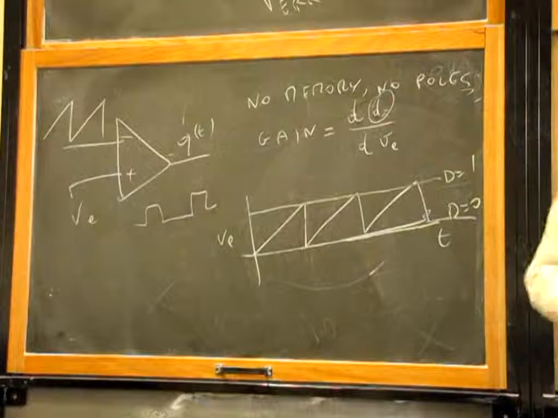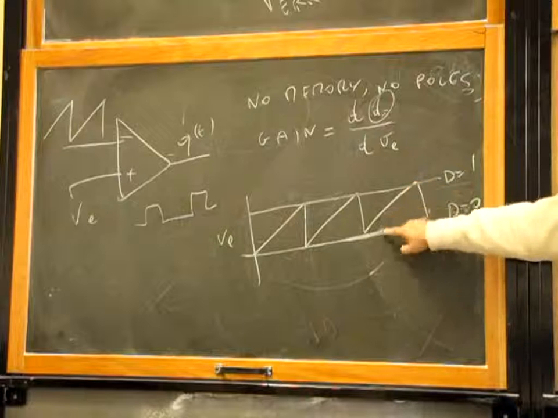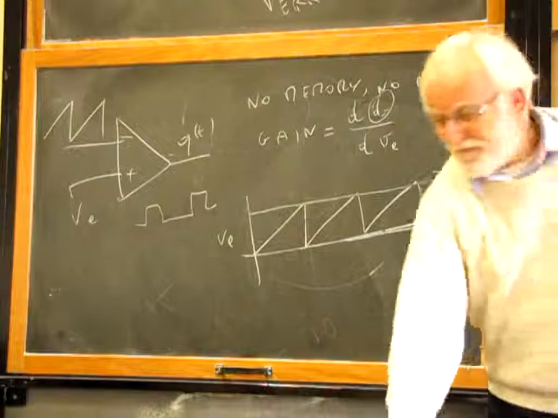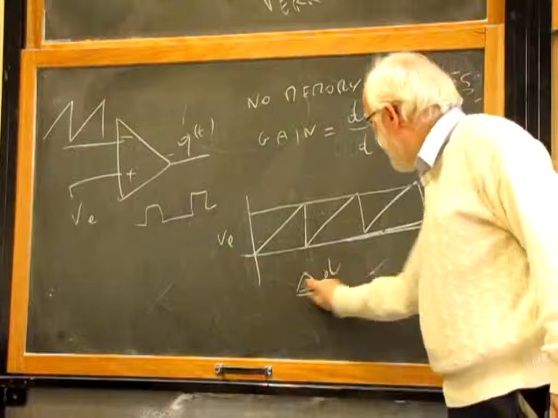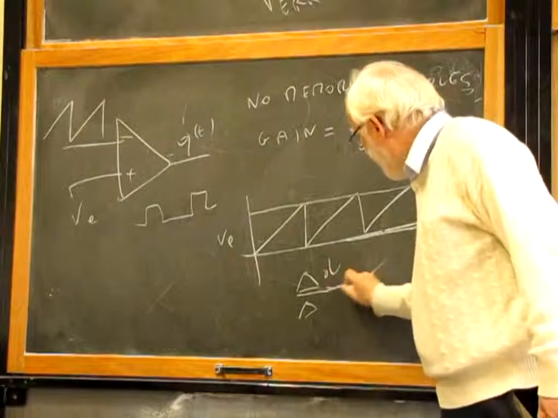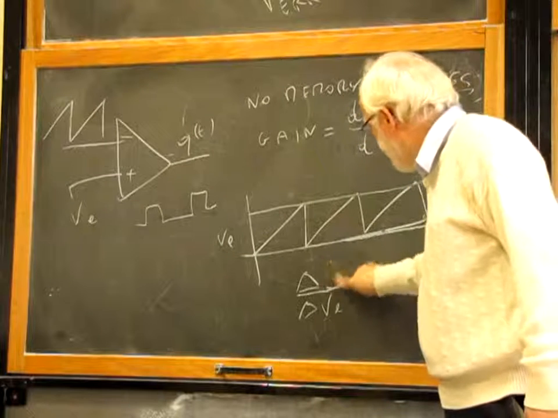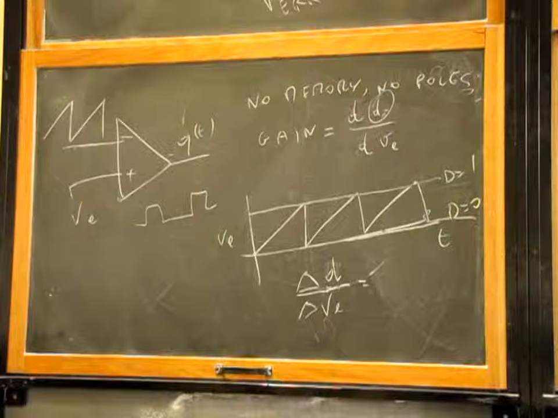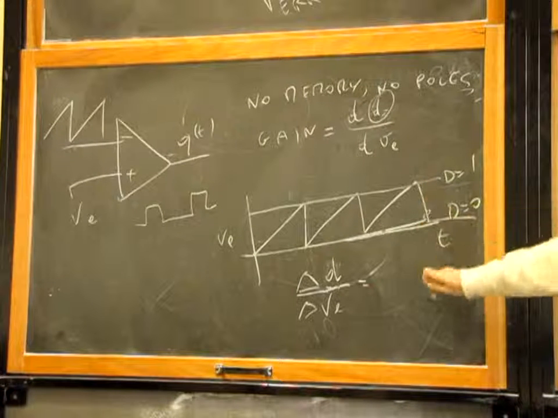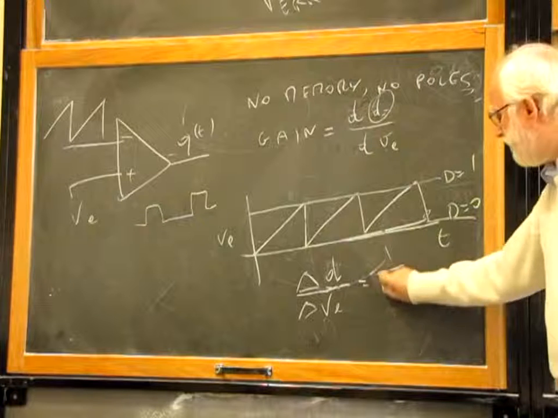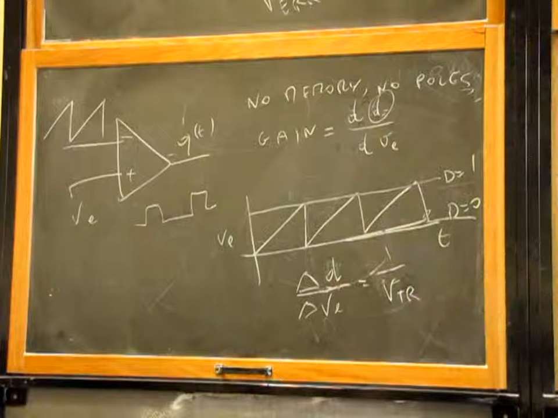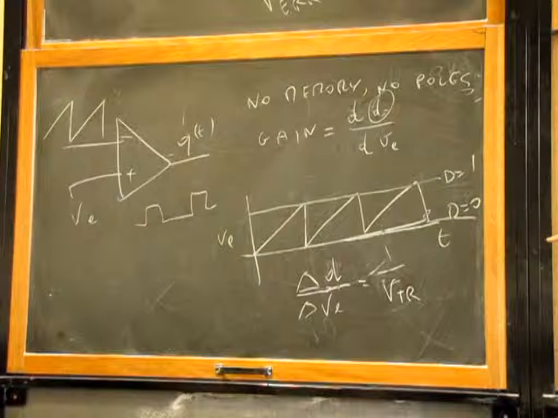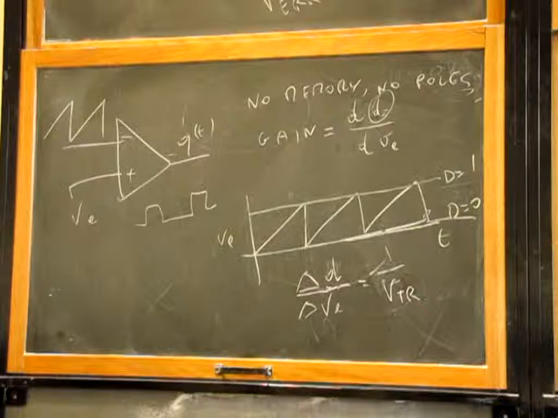And so the variation of the output duty cycle divided by the variation of the input voltage, delta D divided by delta VE, is equal to 1 over the amplitude of my triangle waveform, 1 over V triangle. And it is measured in 1 over volt.